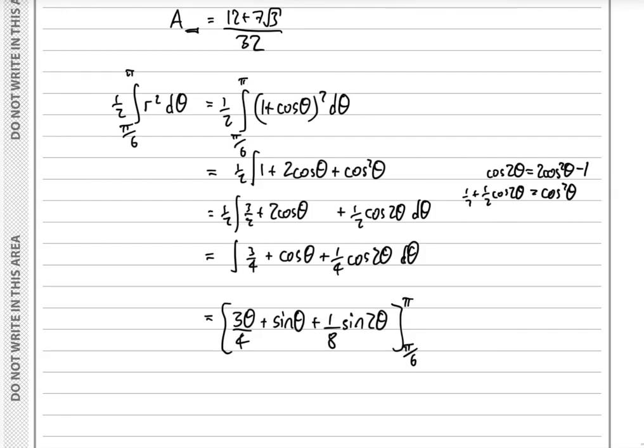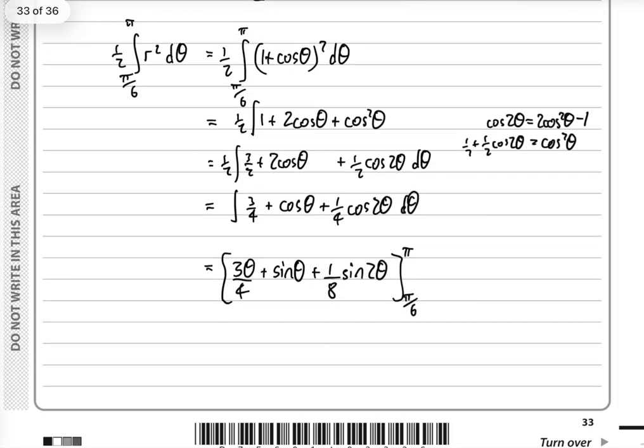Okay, well at least the sine of pi and the sine of 2 pi is 0. So that gives me 3 pi by 4 plus 0 plus 0. And then pi by 6, 3 pi by 24.